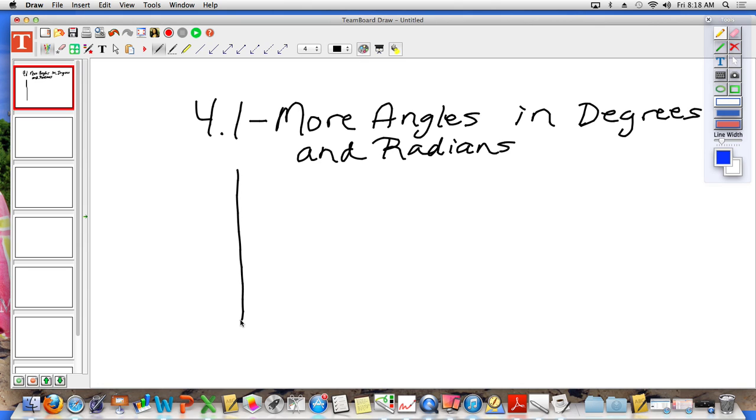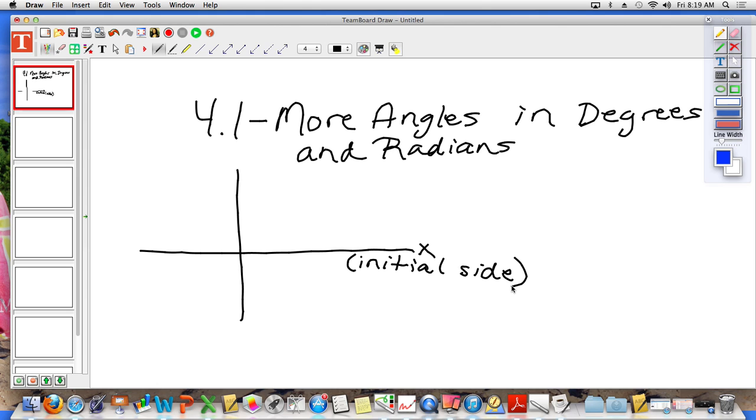Now, the first thing I want to talk about very briefly showed up in your assignment yesterday. It said to graph or measure these angles that were in standard position. Standard position just means that the angle starts along the x-axis. I'm going to label this the x-axis, but I'm also going to call it the initial side.